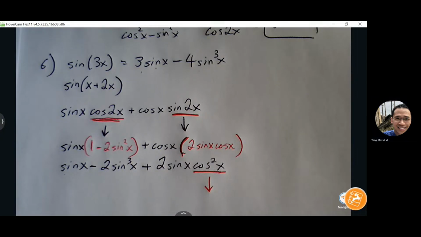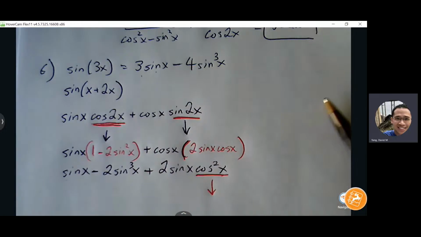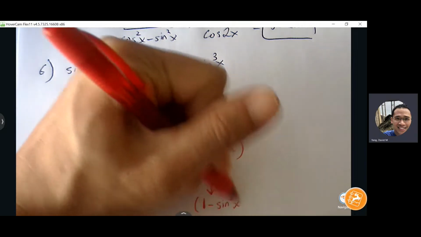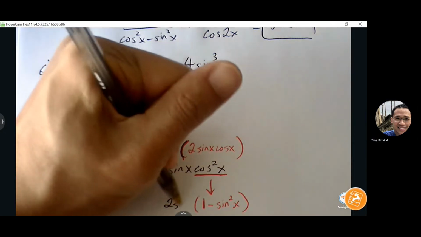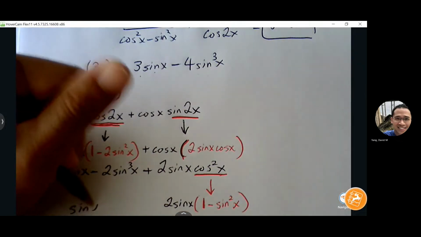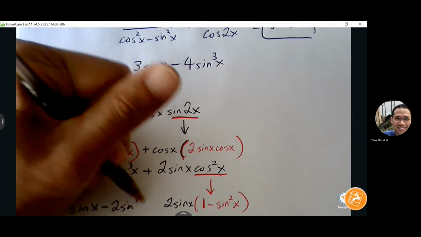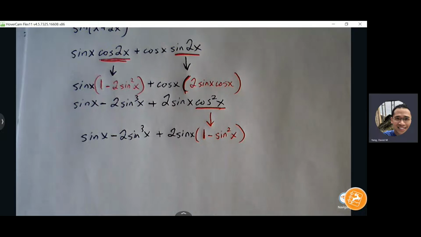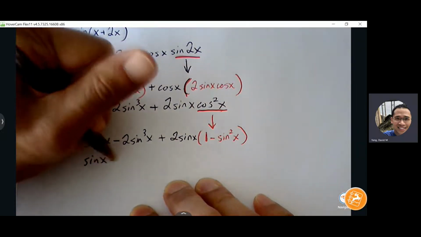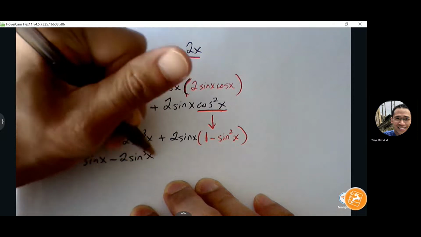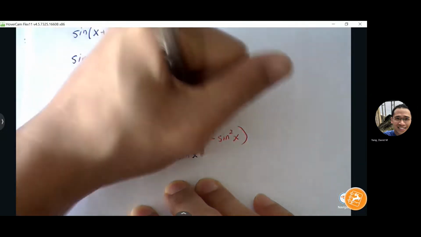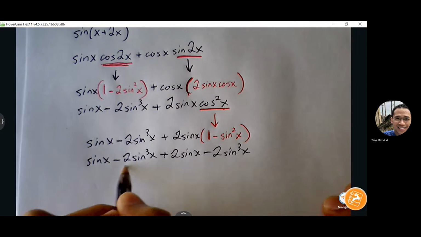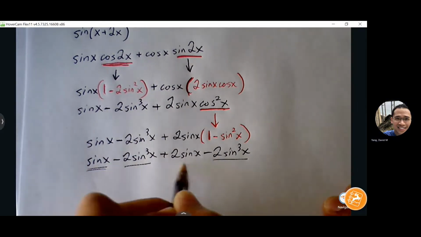So we're just little by little piecing things together, working towards our goal. Okay, I'll distribute the 2 sine x through, and hopefully after I combine all the like terms, I'm able to. Okay, like terms there.